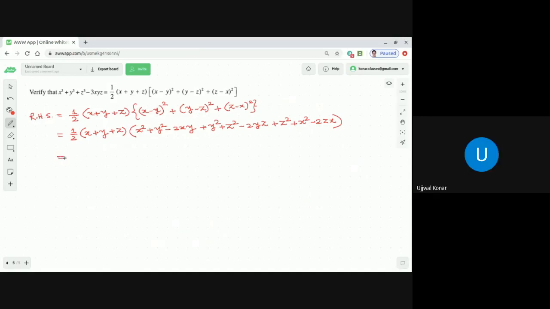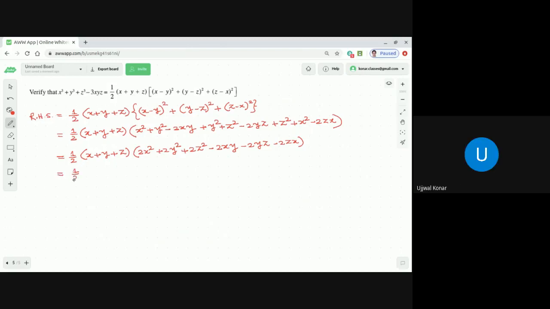Yes, sir. So then what we are going to get? 1 by 2 into x plus y plus z. And if you look into the second expression, this is equal to 2x square plus 2y square plus 2z square minus 2xy minus 2yz minus 2zx. Correct, no? Yes, sir.